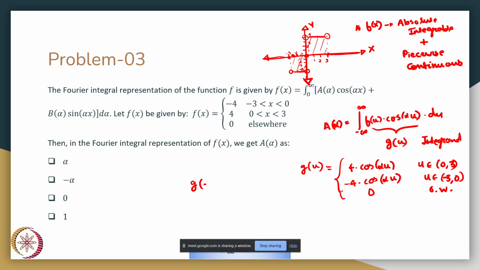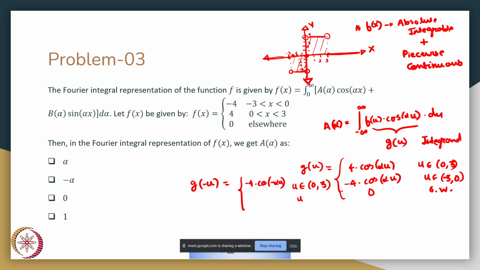So g of minus u will be, suppose u lies between 0 to 3, so minus u will now lie between minus 3 to 0, which should make our function here minus 4 cos of minus alpha u.